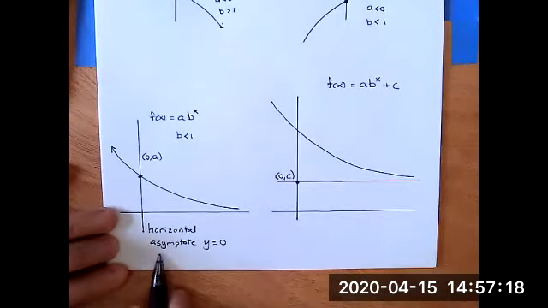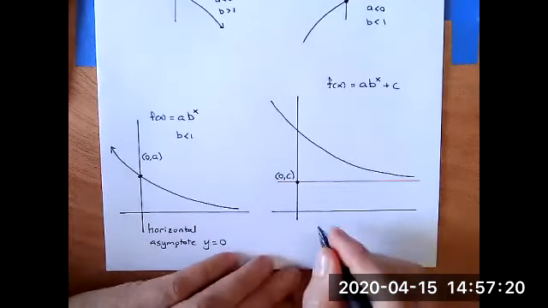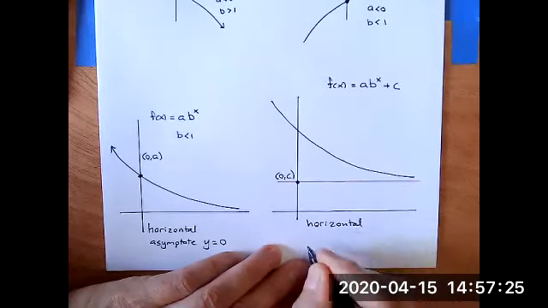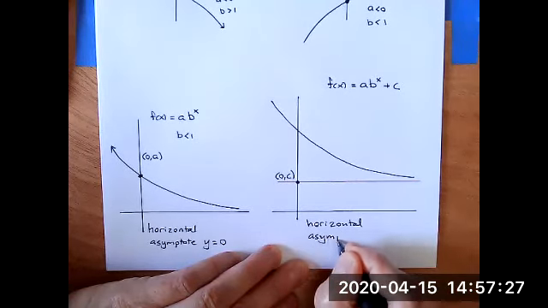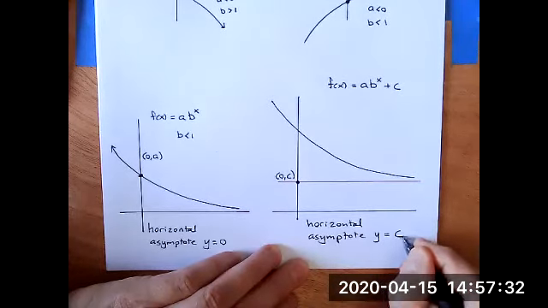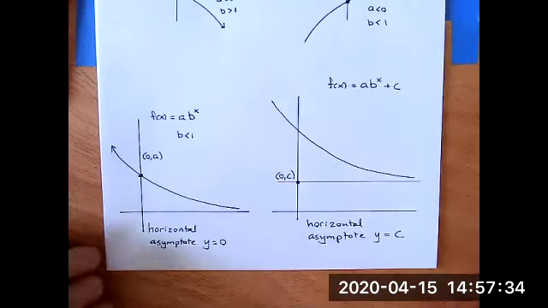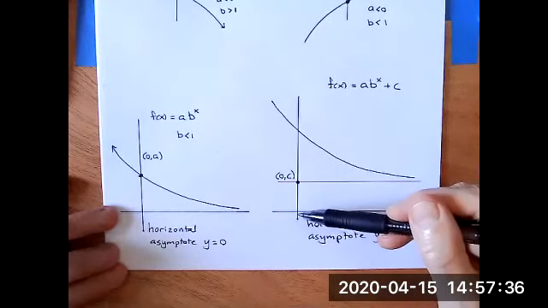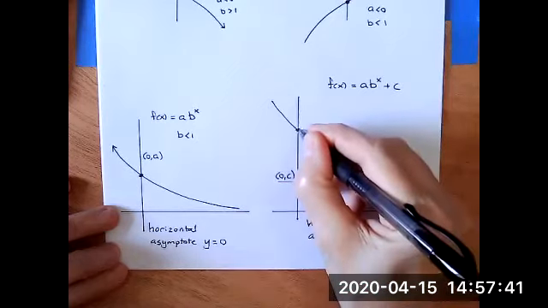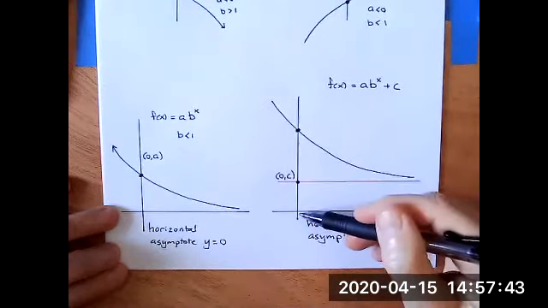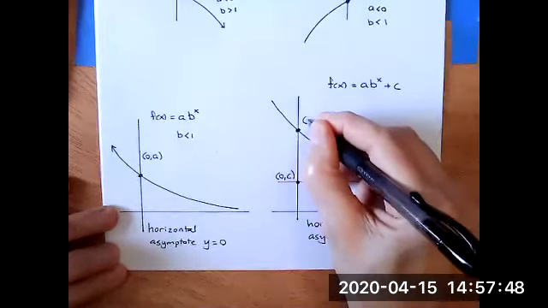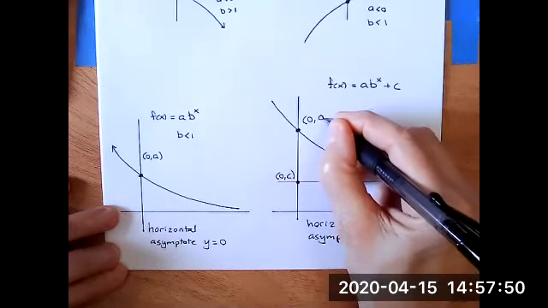So instead of a horizontal asymptote of 0, you would get a horizontal asymptote of y equals c. Then your initial value also moves up by c. So this initial value is c plus a.